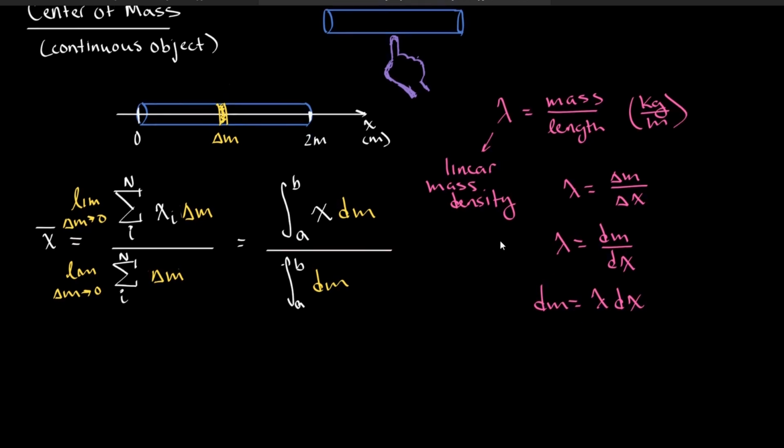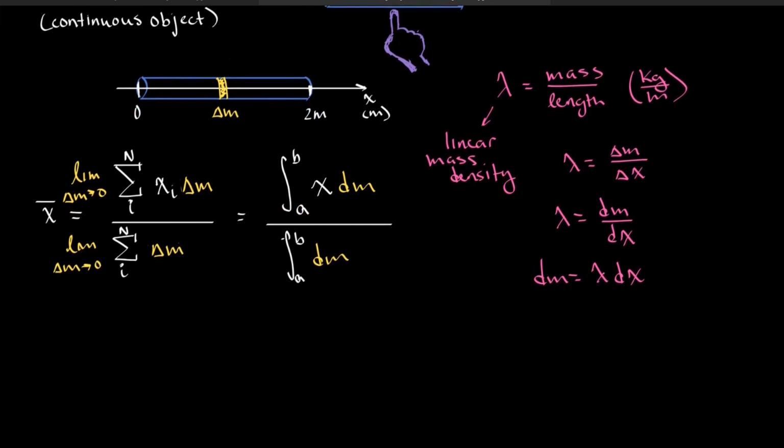And let's apply this, actually. So we want to find the center of mass of this rod over here, this 2 meter long, super thin rod. And let's fill in what we have. So x bar is going to be equal to the definite integral from 0 to 2, of x, and then we just found dm, and dm we said was lambda times dx.